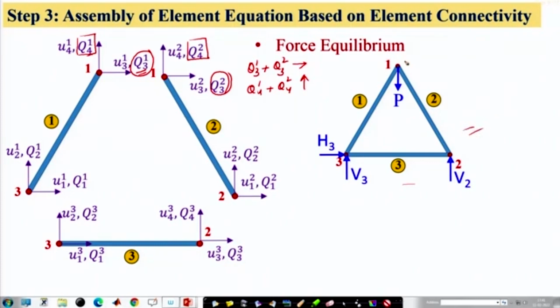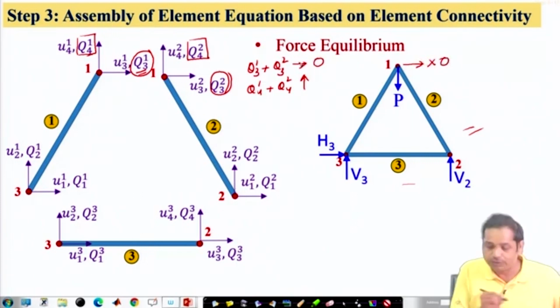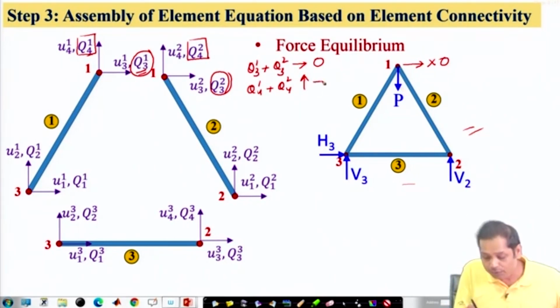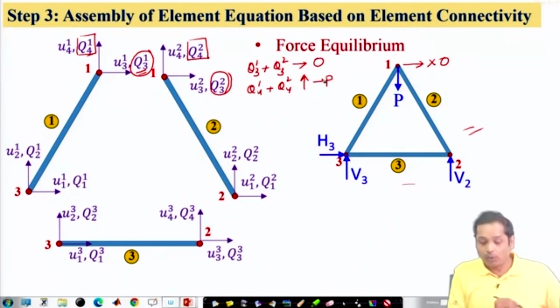At node number 1, we do not have any force in this direction. This force is 0, and therefore this should be equal to 0. At node number 1, we have force P in the vertical direction acting downward, so this should be minus P. If this is satisfied, then the equilibrium at node number 1 is satisfied.